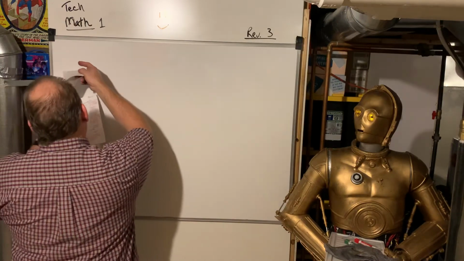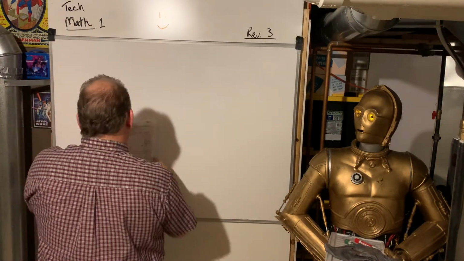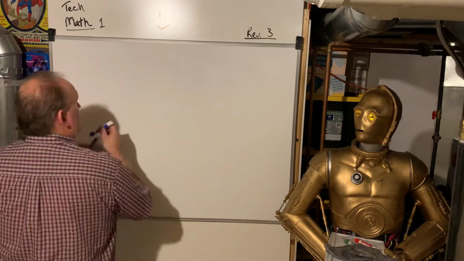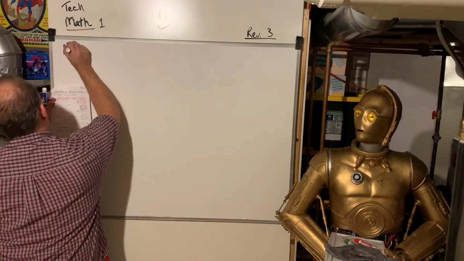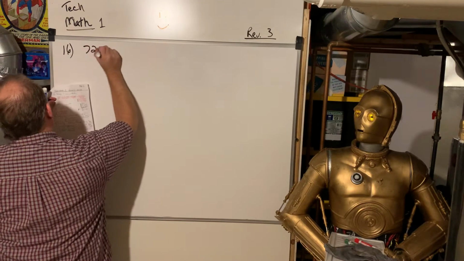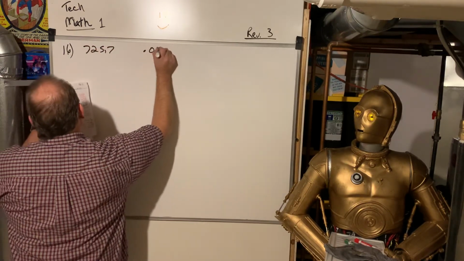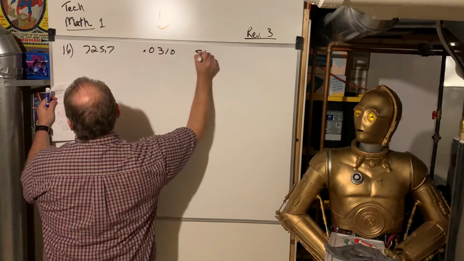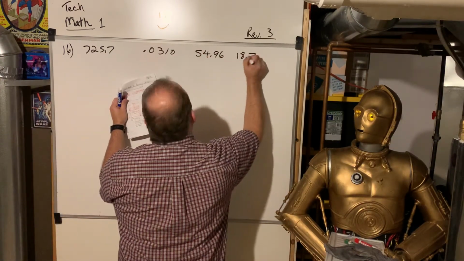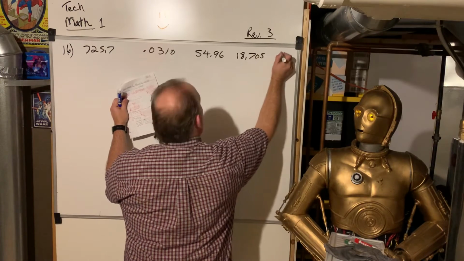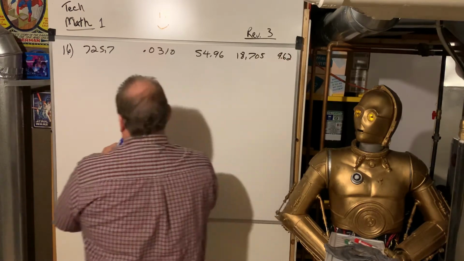Okay. I'm just gonna keep going. Put the whole review on this thing. All right, so we got 725.7, 0.0310. We got 54.96. We've got 18.705, and we've got 9.62. I don't know why they messed this up, but they did.